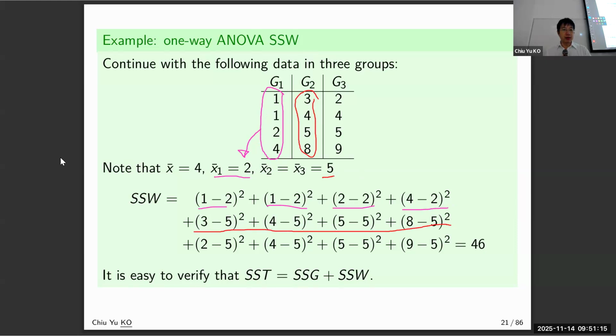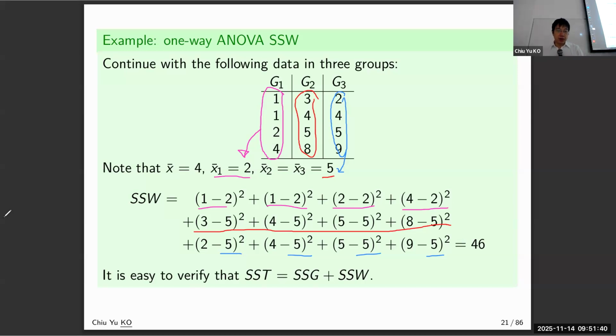Same for the blue one, the mean of this is 5, so you minus 5 here. So I show you that these three are the same. A very important property that you keep in mind. This is the result there.